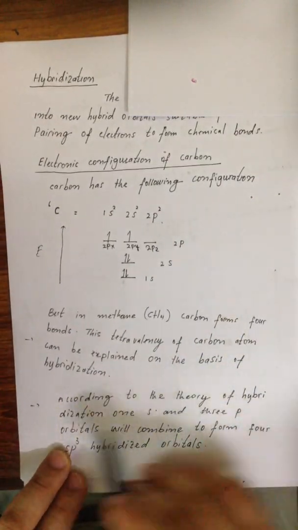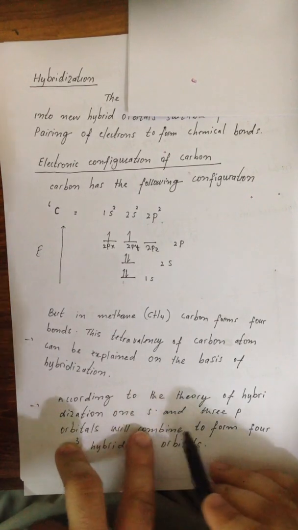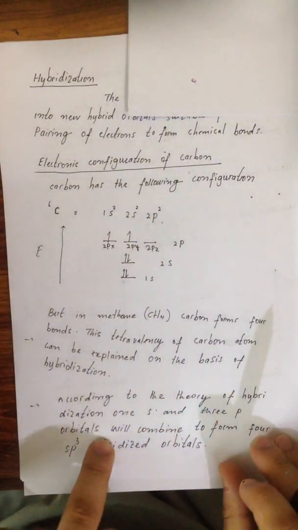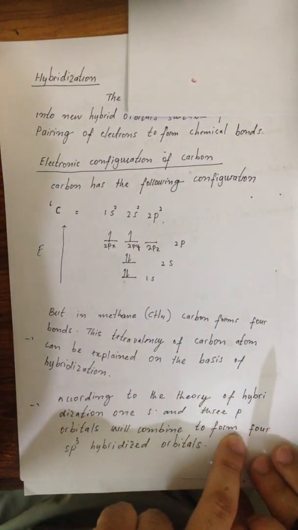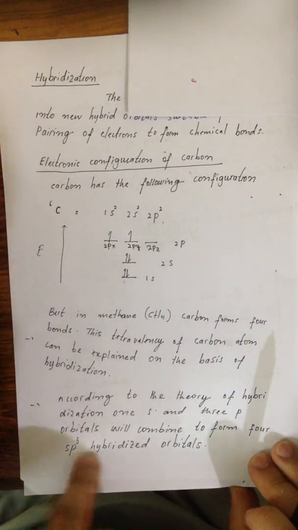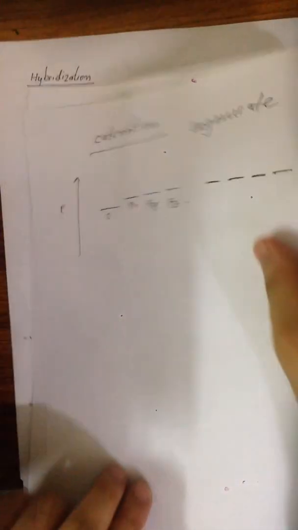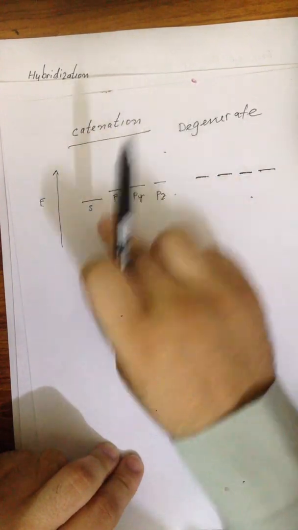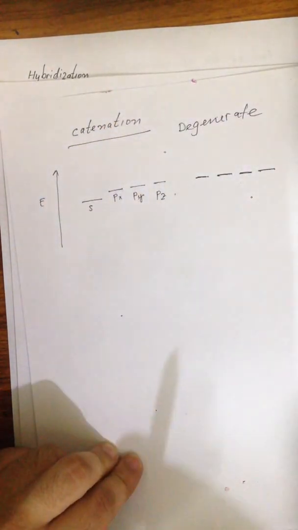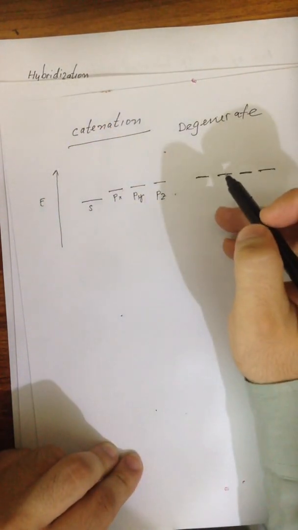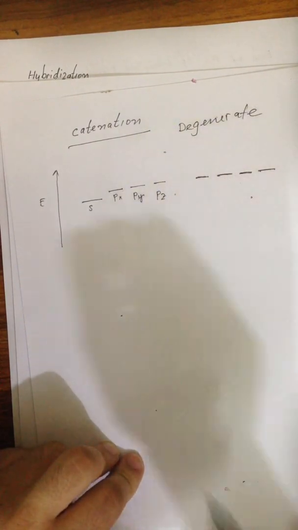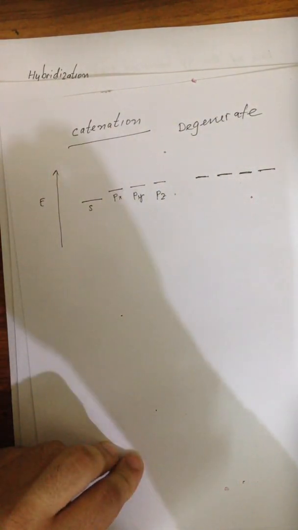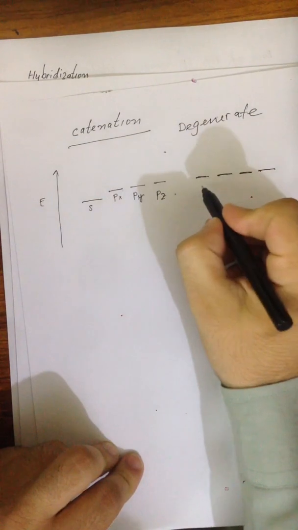According to the theory of hybridization, one s and 3 p orbitals will combine to form 4 sp3 hybridized orbitals. One s from here and 3 p orbitals from here are going to mix with each other, and they will give rise to a completely new set of hybridized orbitals.